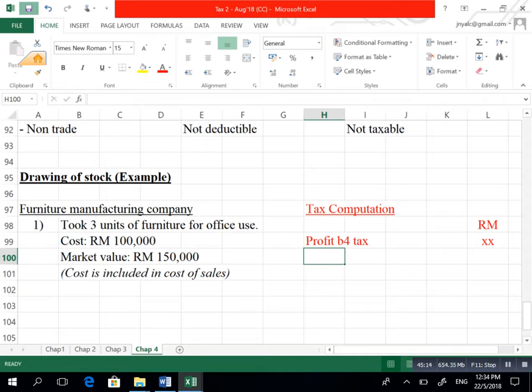Same concept, class. You need to think about whether the market value must be considered as taxable income or not. And if yes, whether it is included in the P&L or not. Included and not included, you will have a different adjustment, correct? According to the table just now. Same concept.